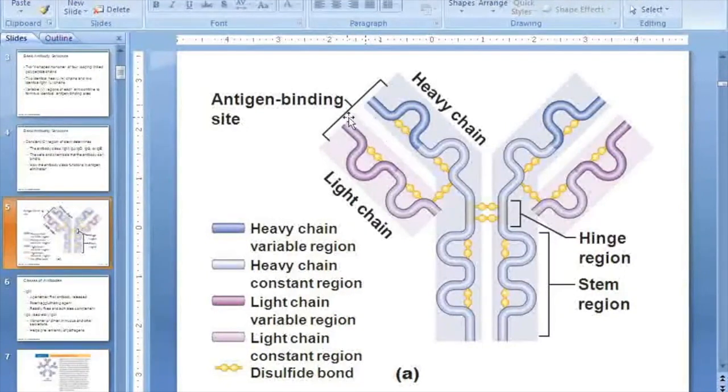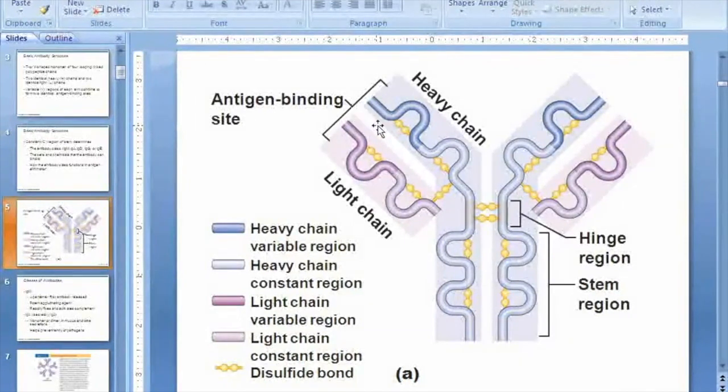By what? By shape. By what we might call lock and key. So the shape of this, they're not showing us very well, is very particular and important. This bottom part is known as the constant region because it doesn't vary for a specific class of antibody, and you'll see that in a second.